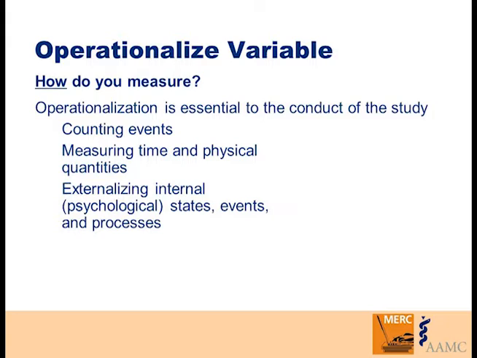Third, you can have study participants translate their internal state, events, or processes into something external and quantifiable. Common examples of this are the ubiquitous 5-point Likert scales, which require students to translate, say, their positive or negative attitudes towards a course into a number. Faculty ratings of clinical performance are another common measurement activity.